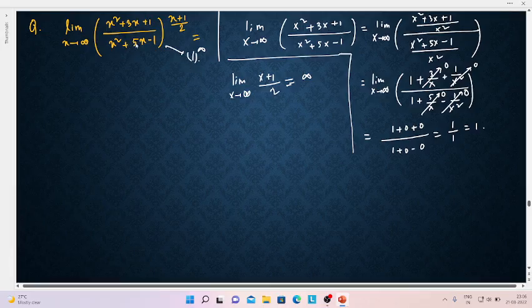Since it is of the form 1 to the power infinity, that is nothing but e to the power limit x tends to infinity, that particular part minus 1, times (x + 1/2). So it will be a very complicated thing.